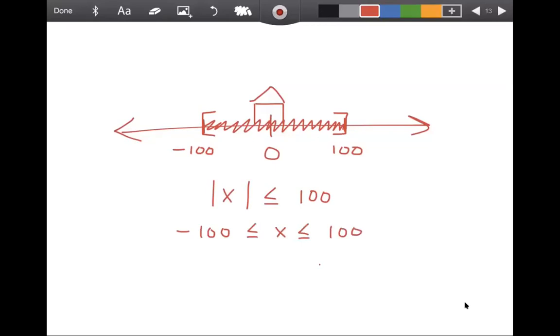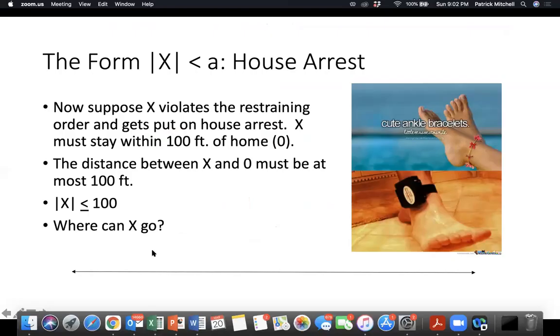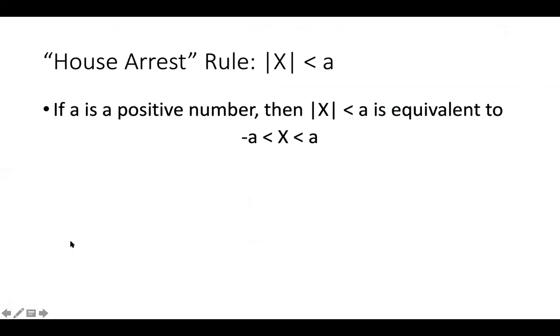All right, so the question with absolute value is always how to get rid of it when you're solving an equation or an inequality. And this is how you get rid of it in the case of what I call a house arrest. All right, so let's go back to the presentation, look at the official rule.